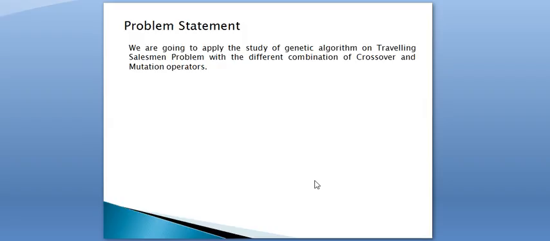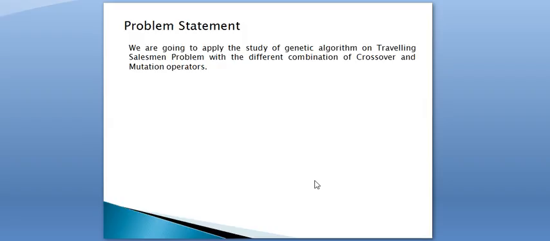According to Darwin's theory of evolution, the natural process of evolution almost always, you can say with 90% chance, produces a better result or better child in every process. That's why we always say the next generation is better than the current generation.